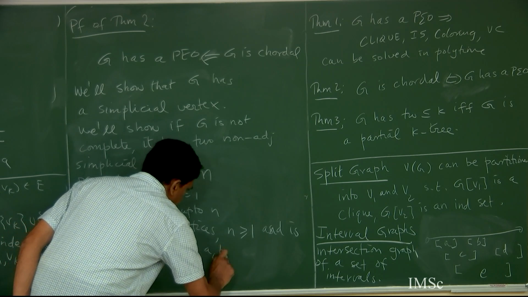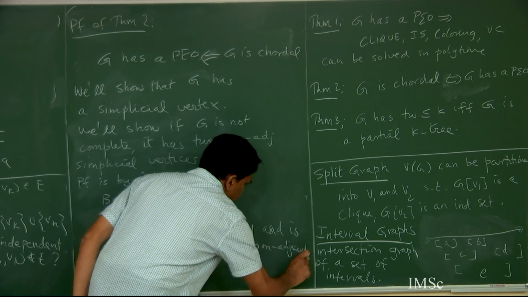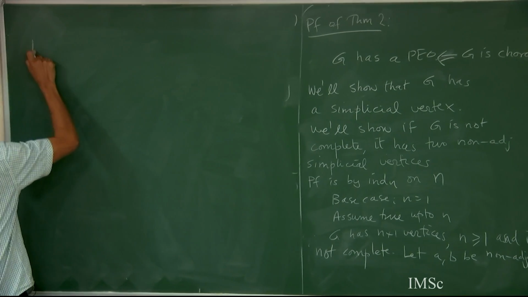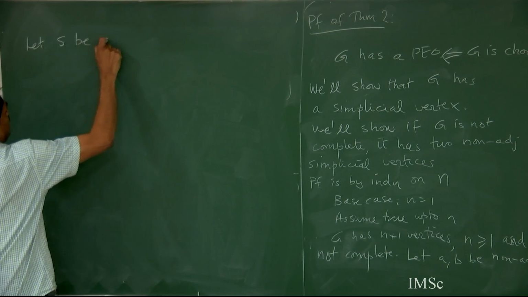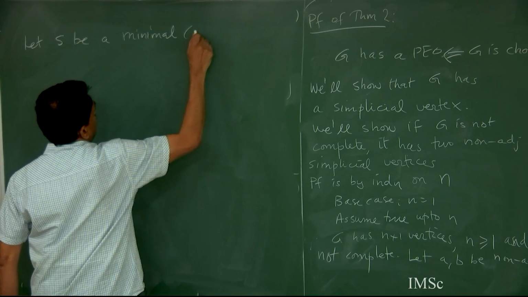Let A and B be non-adjacent. Let S be a minimal AB separator.